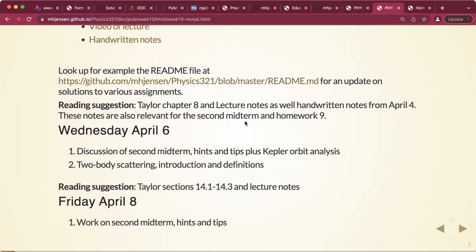Can I gain some insights by combining the results from running a code with, if we are lucky, the analytical solutions? And in this case, we do have analytical solutions. So let's look at some of the things we discussed on Monday, remind ourselves of some features of the solutions, and then look at examples.